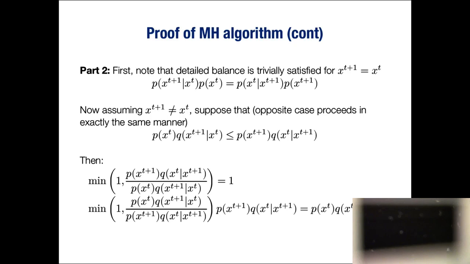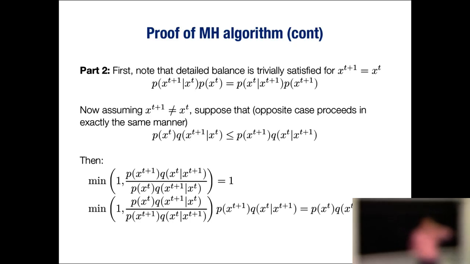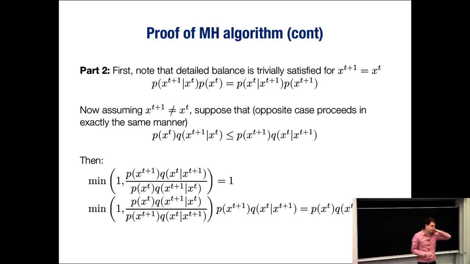So first of all, I'm only going to consider the case where you actually perform the update, where you accept the sample. Because if you don't accept the sample, detailed balance is satisfied trivially, right? If x is equal to xt plus 1, then of course that holds for all values of x. So we have it trivially if we don't accept the sample.